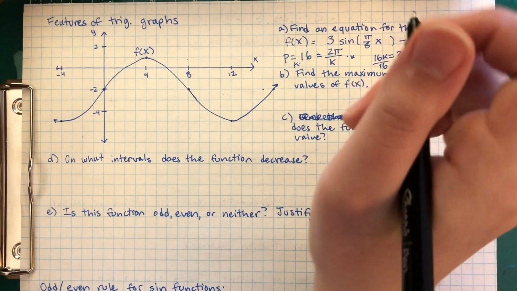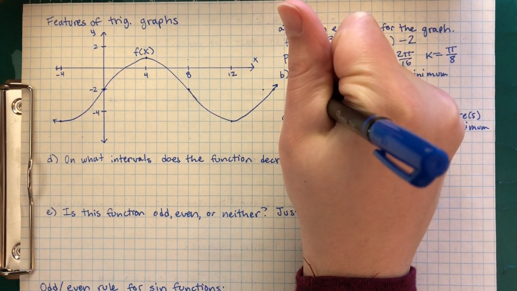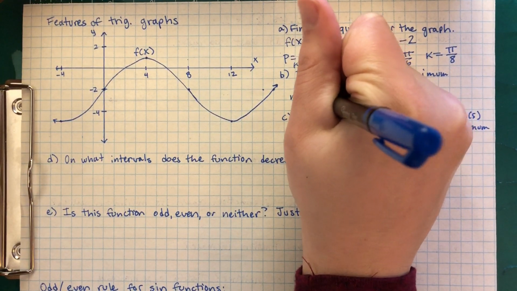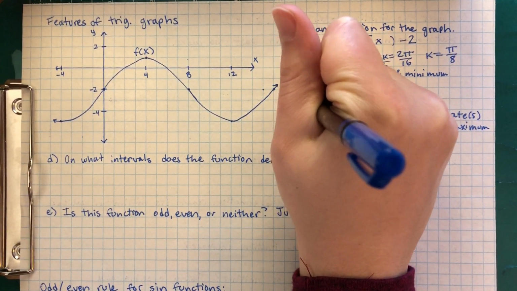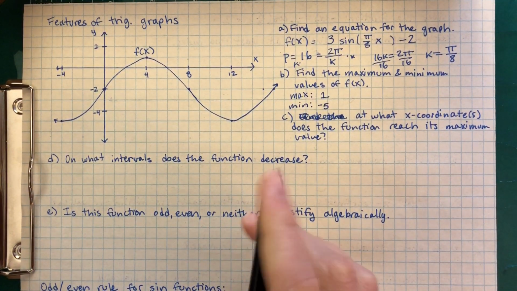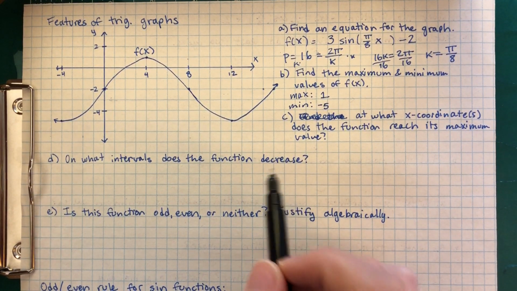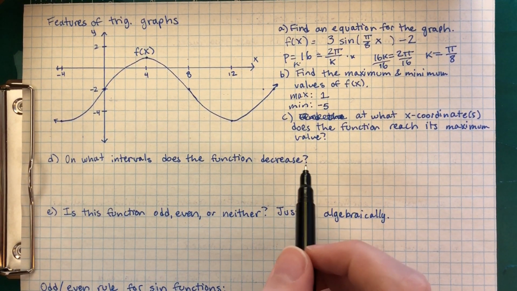By the maximum and minimum values, we can see that it goes up to a value of 1 and down to a value of -5. And then this question, at what x coordinates does the function reach its maximum value?